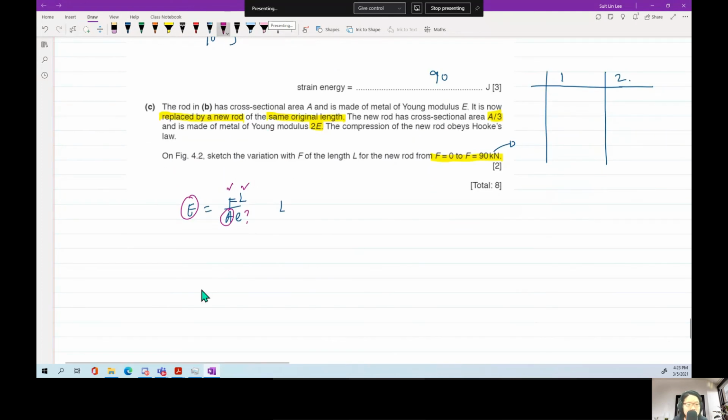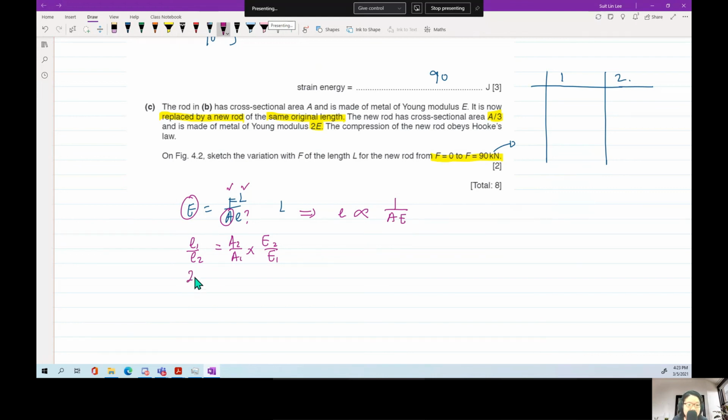I want to find the extension. Okay, so I'll take E1 over E2, is equal to A2 over A1 times Young modulus over this one, because from here, I will get extension is proportional to 1 over AE.